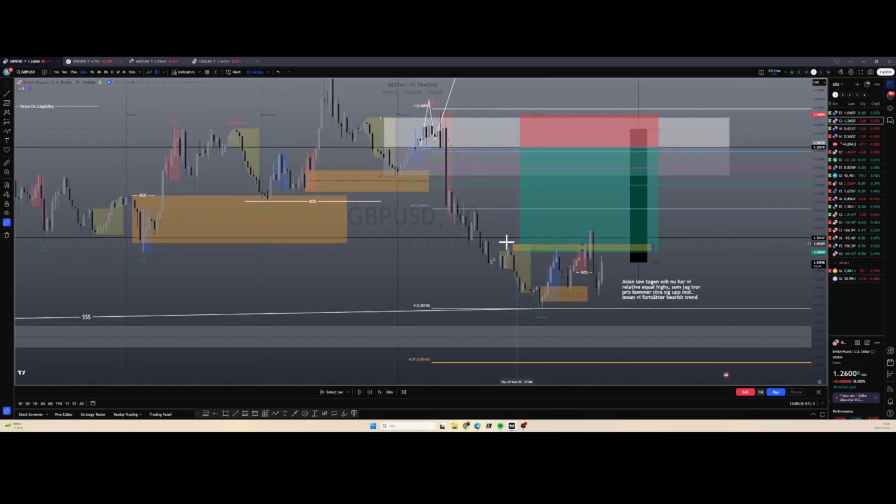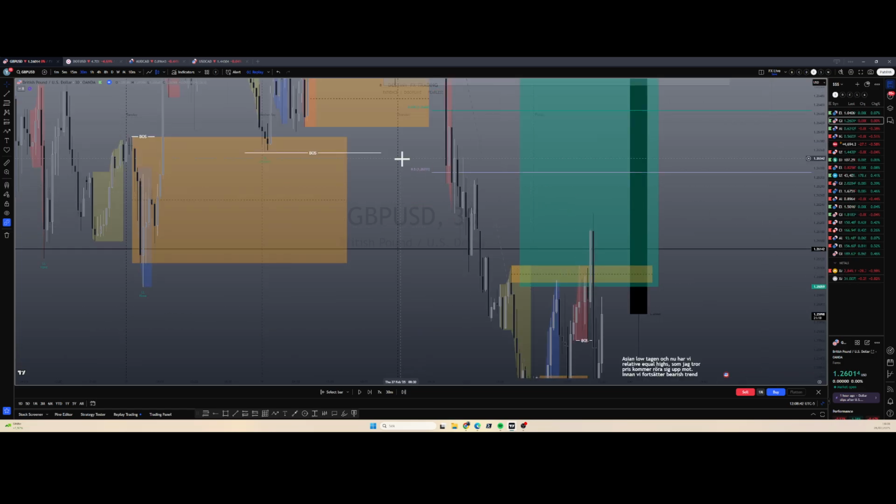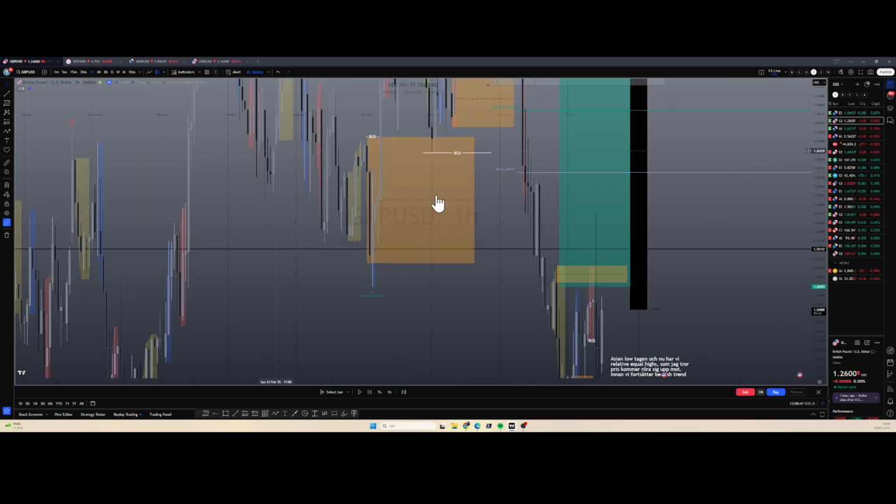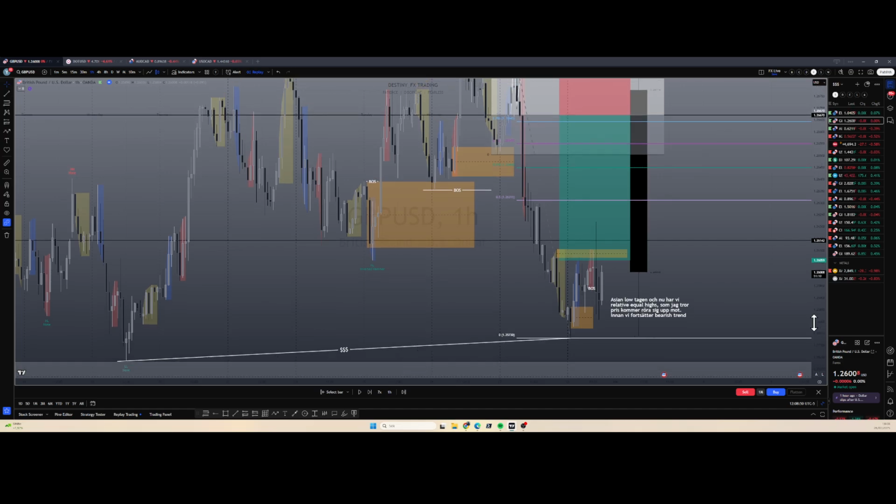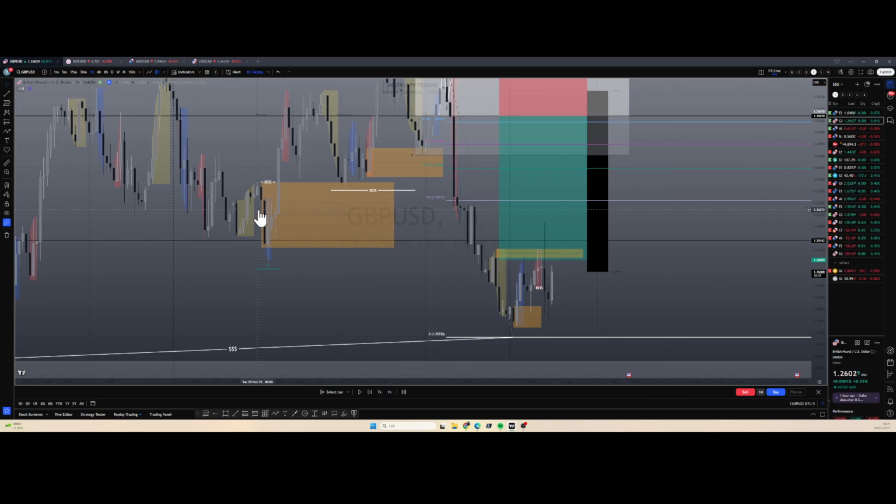GU looks bearish, I do think. And why I'm saying that is because we have seen multiple tries to push above, but we failed all the time.